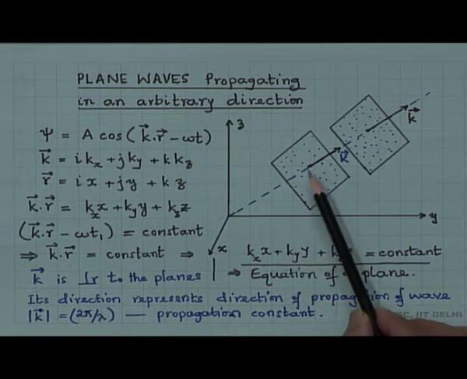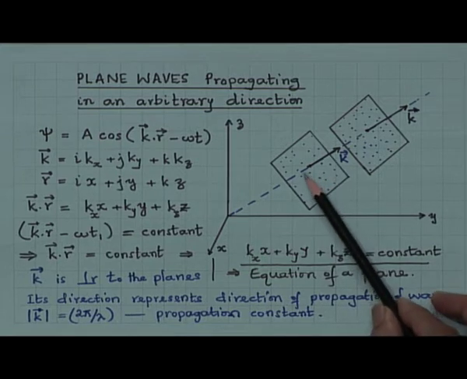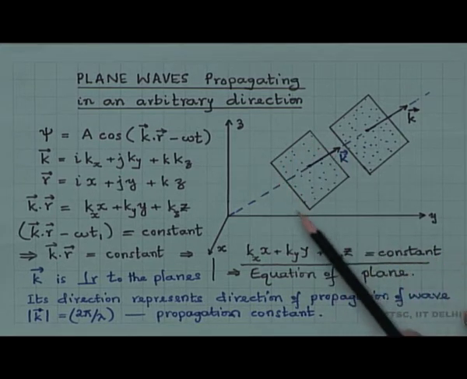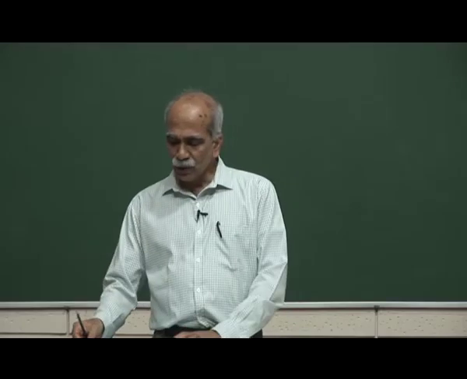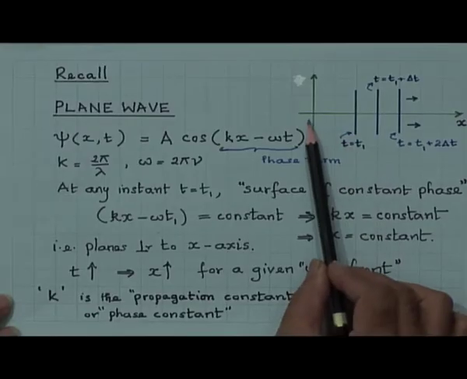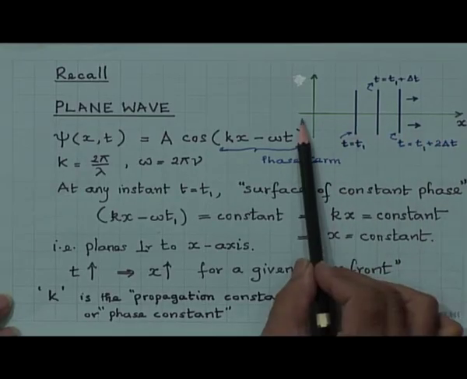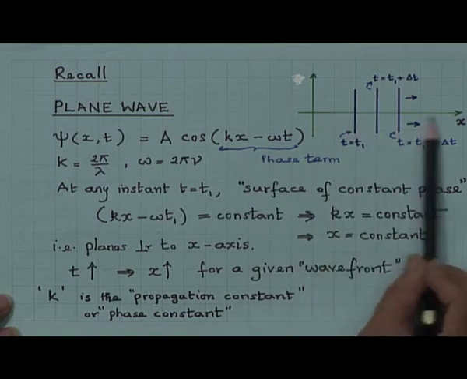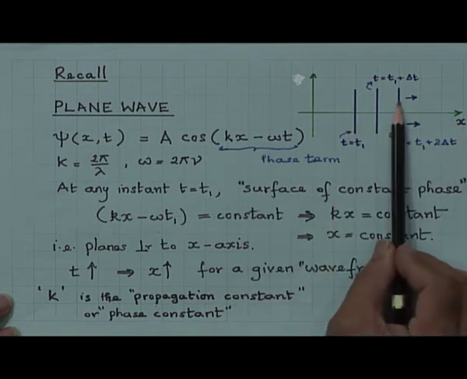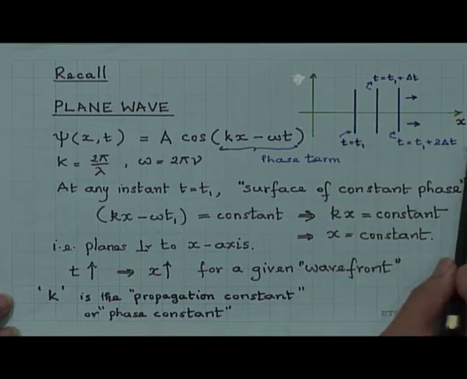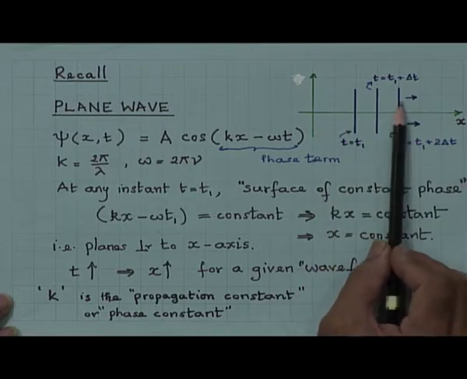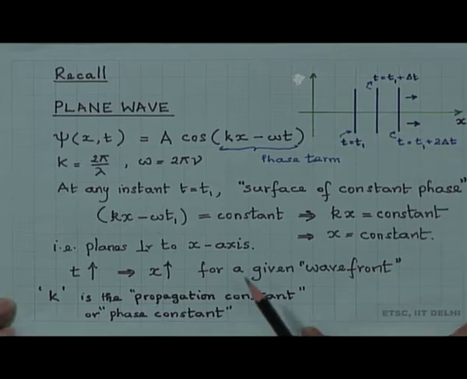The point to note is the propagation vector k is perpendicular to the wave front, which is true even in the earlier case. We did not show it as a vector because k was along the x direction and the wave was propagating along the x direction, but k in this case is also a vector, having only one component, and k is perpendicular to the wave front.